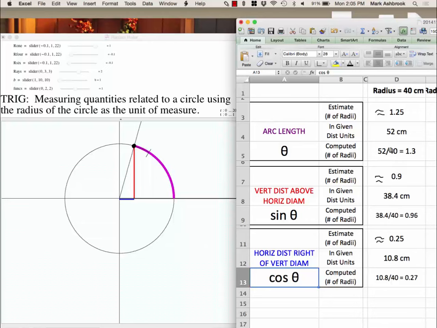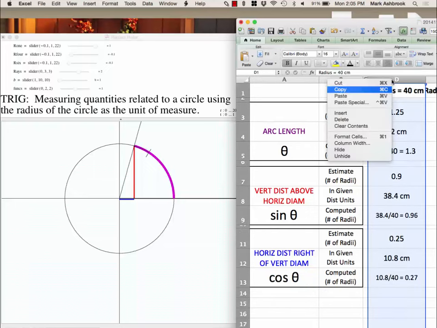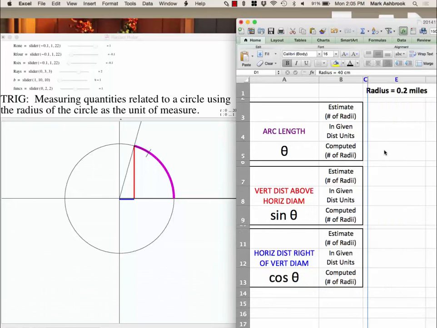Okay, so let's do it again here. Now the radius instead of 40 centimeters is 0.2 miles.